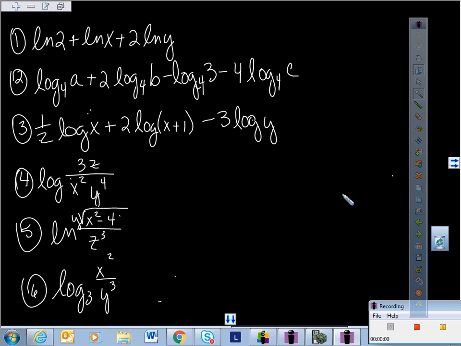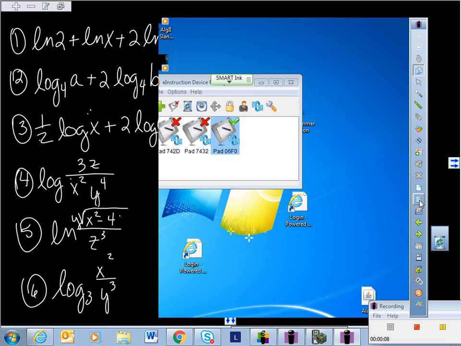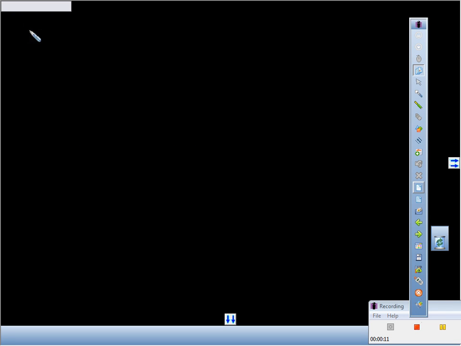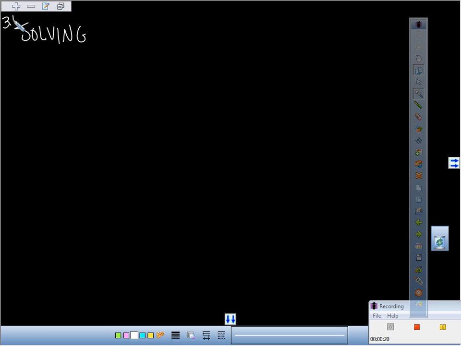Okay, so today what we're going to talk about, we're going to do solving. This is 3.4. Solving exponential. What's an exponential?